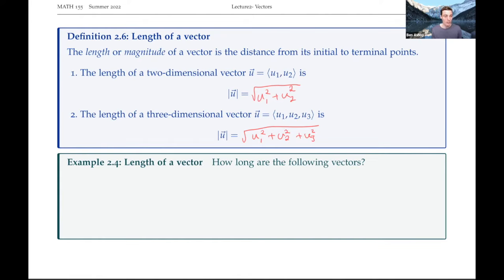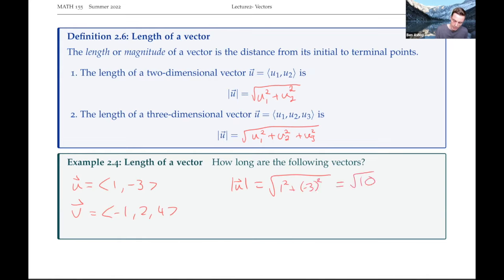So for example, in 2 dimensions, if we've got a vector u with components 1 and minus 3, and we've got another vector v, say, minus 1, 2, 4, well, the length or the magnitude of u is going to be the square root of 1 squared plus minus 3 squared, which is just going to be the square root of 10.